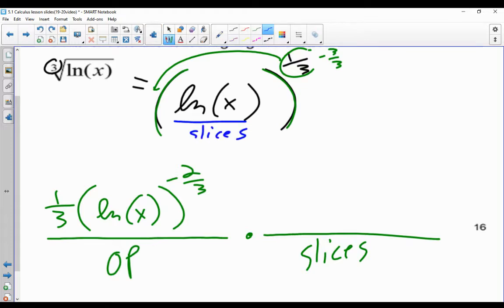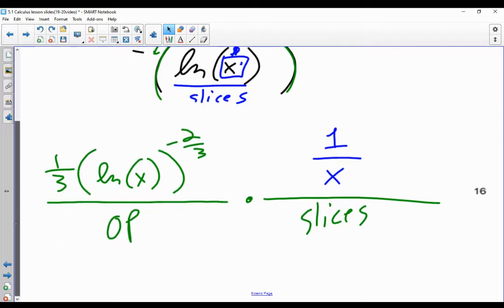And just like before, to derive the natural log, just focus on the inside. So derive the x, and that will go on top, or the derivative of x is 1, and then on bottom, you put the original, and the original was x. Okay, and the 1/x can't be simplified, so we're good to go and simplify the rest.